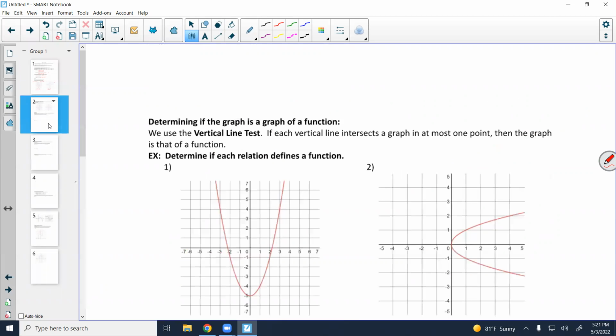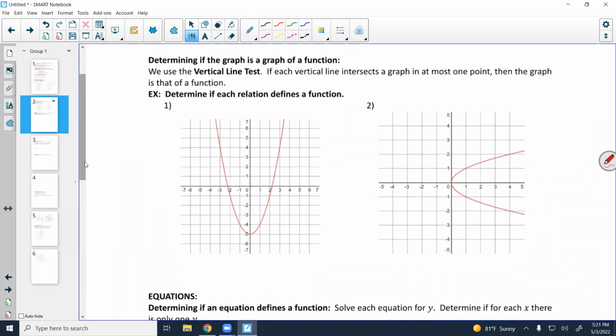Okay, let's see what we have next. Determine if the graph is a graph of a function. To do this, we use something called the vertical line test. If each vertical line intersects the graph in at most one point, then the graph is that of a function. So we're talking vertical lines.